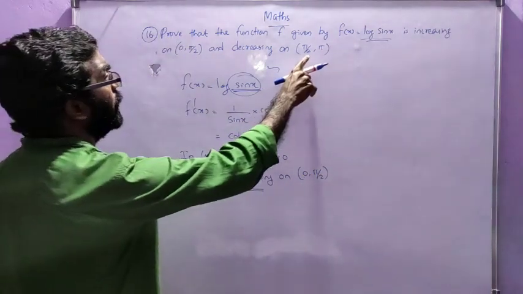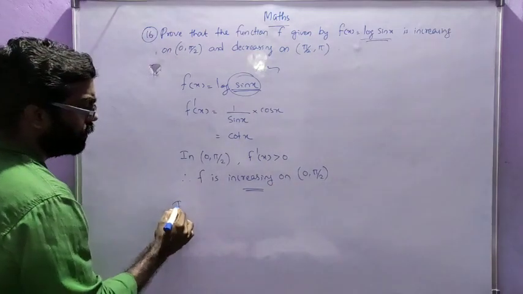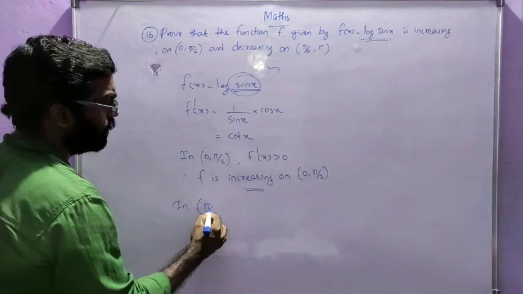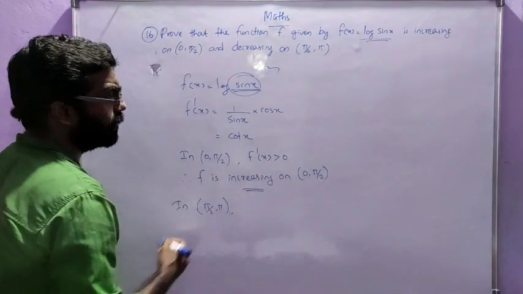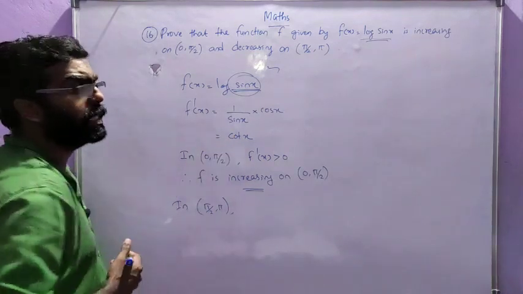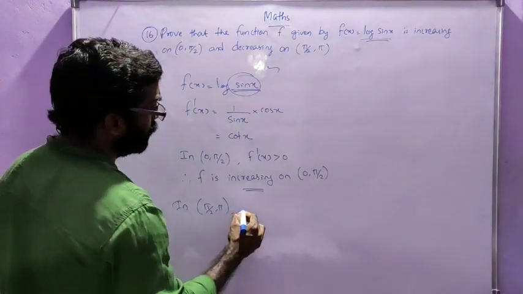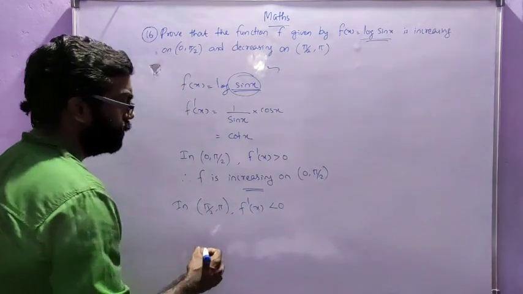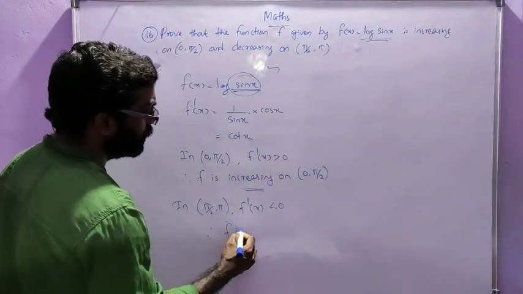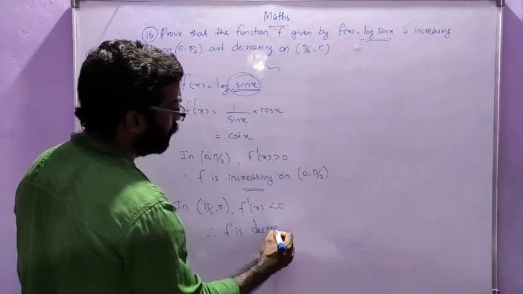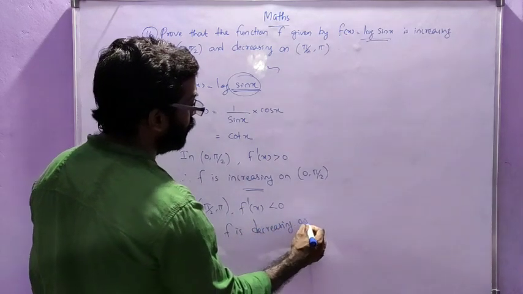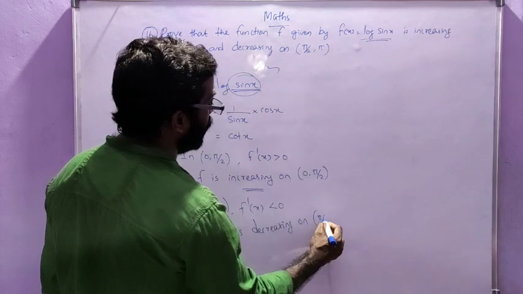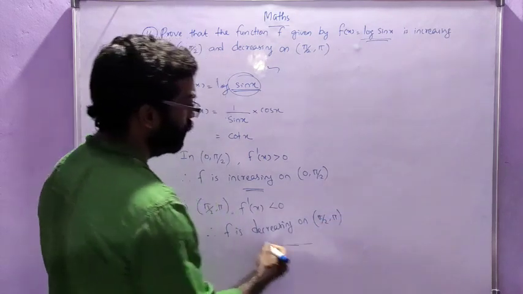Now the second interval is (pi by 2, pi). So in (pi by 2, pi), that means in the second quadrant, cot x is negative. So f dash of x is less than 0, therefore f is decreasing on the open interval (pi by 2, pi). Clear?